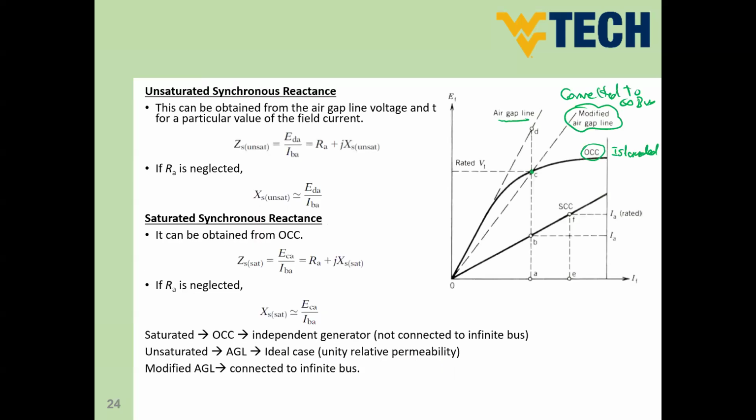So when we draw the short circuit characteristic, this is the other axis here, this is the IA, and we draw the line. So we need just a small value, we don't need to reach very high values. So we can make the value at the rated current, as you can see here.